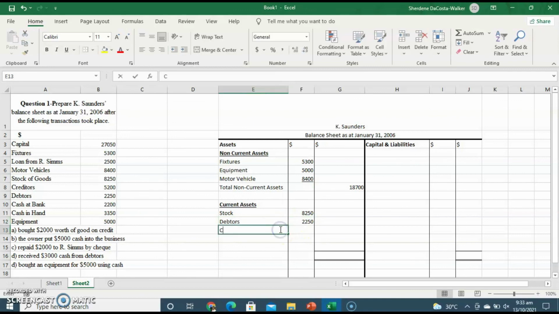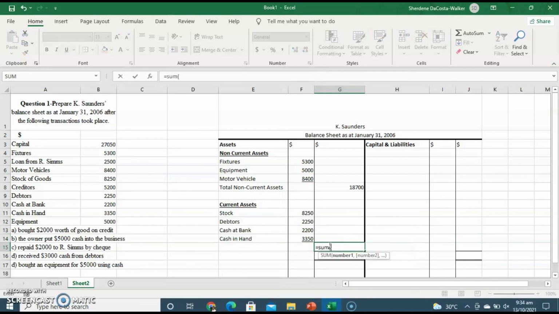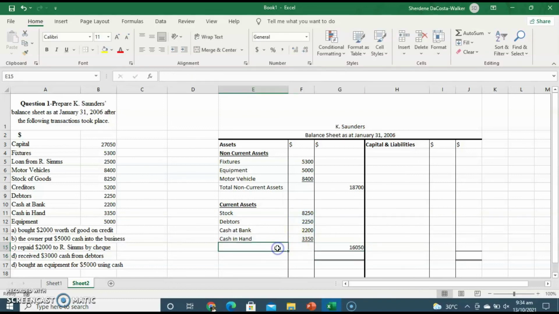And then we have our cash at bank, cash in hand. Cash in hand is what the business has at the business place, while cash in bank is actually the amount of money that they have in their bank account. So we're going to add this up. This is our total current asset. We're going to leave the adding for last.